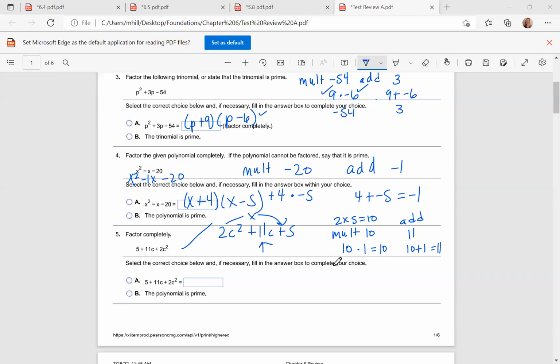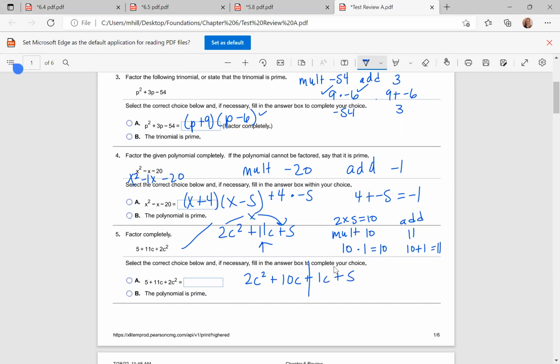This one's just a little bit different because we have a number in the front. So when we start to write our answer, we're going to have to keep that in mind. We've got this number in the front. And this one was one that we probably would want to factor by grouping. So we could divide this up and say, well, 2c squared plus, now we would use this 10 and this 1, so we would divide this 11 into 10c plus 1c, and then we would have our plus 5.